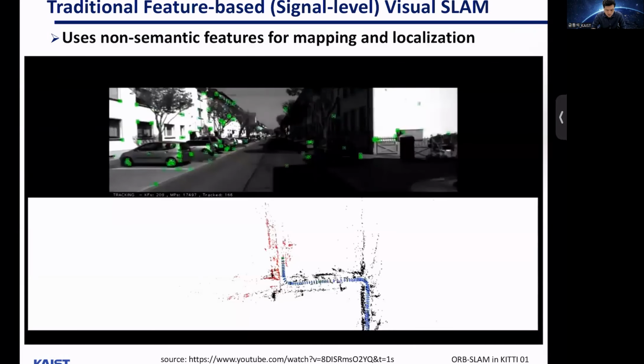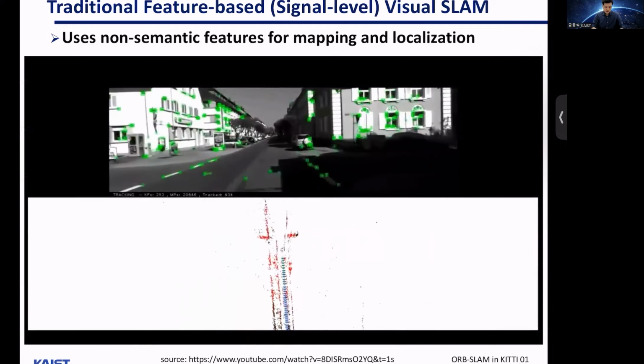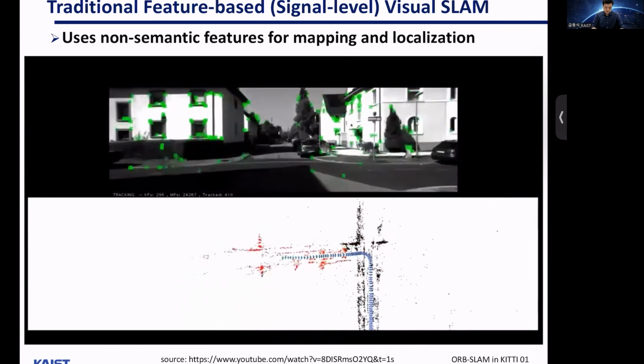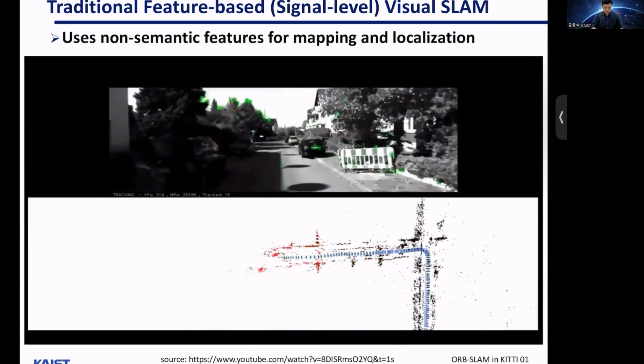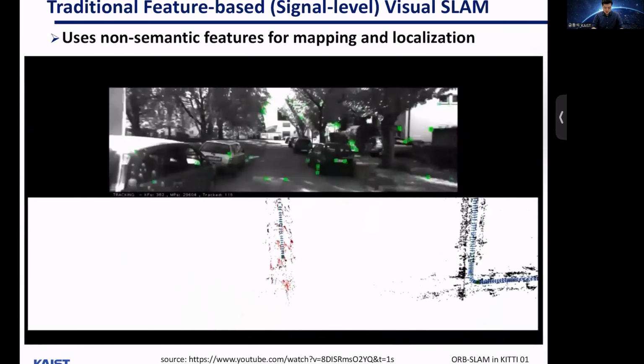What about image camera-based mapping? This is traditional feature-based or signal level visual SLAM. This is quite famous ORB SLAM, running on KITTI dataset. It works pretty good. It works reliably.